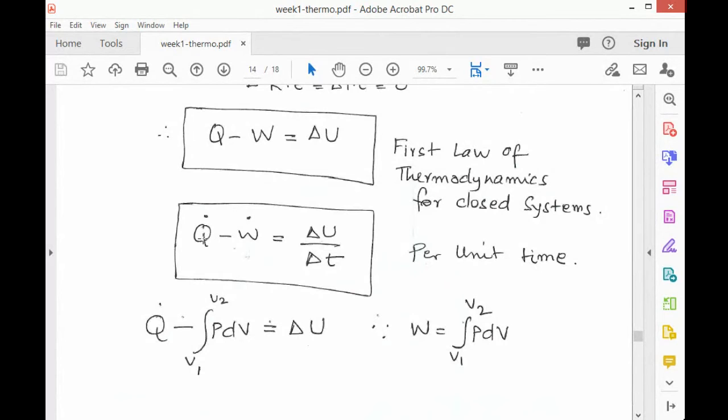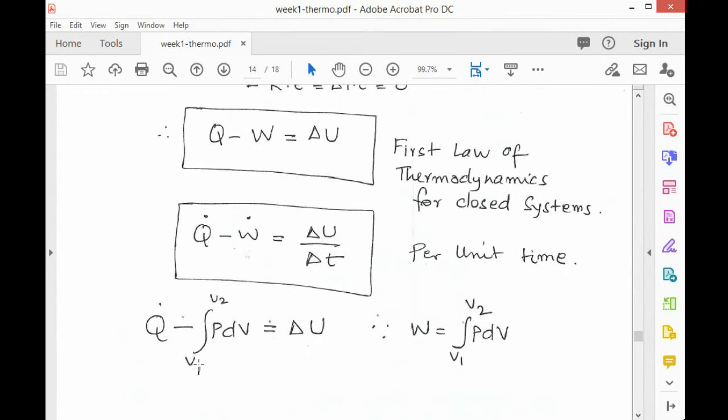So now it will become kilojoule per second, or whatever unit you are using for time, kilojoule per hour or per second, for that time period, 5 seconds, 8, 9 seconds, whatever. This is the way you write when you have a rate.